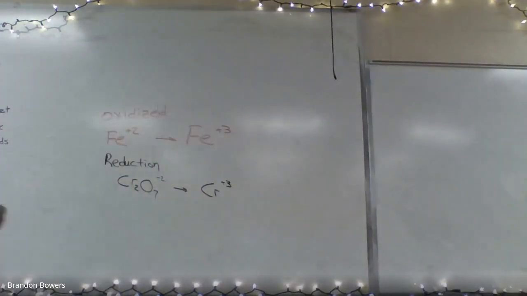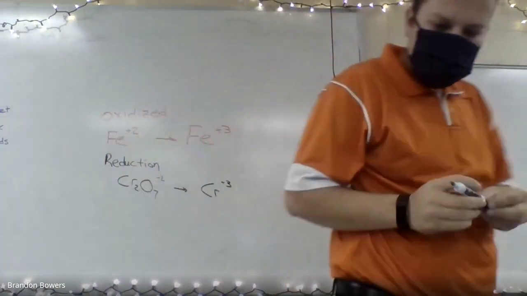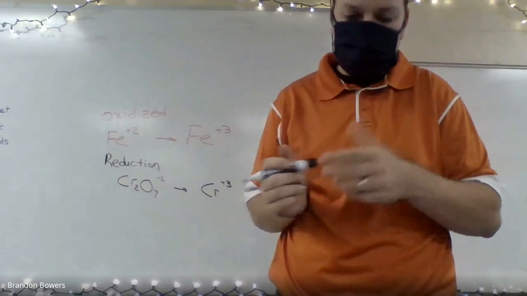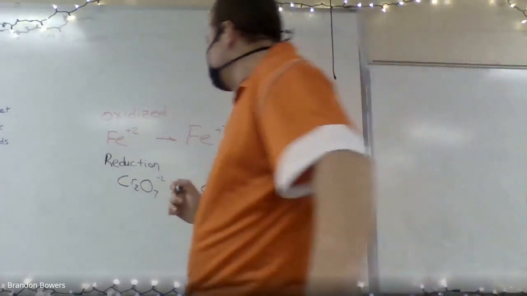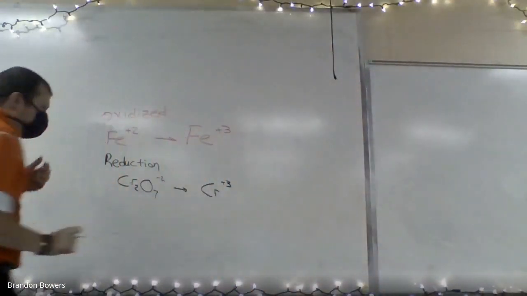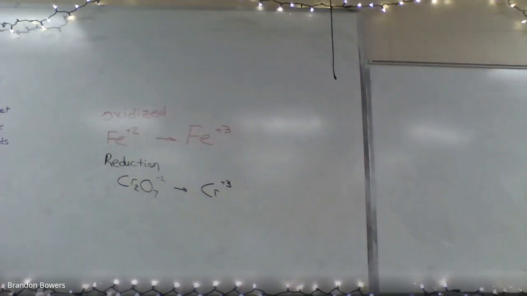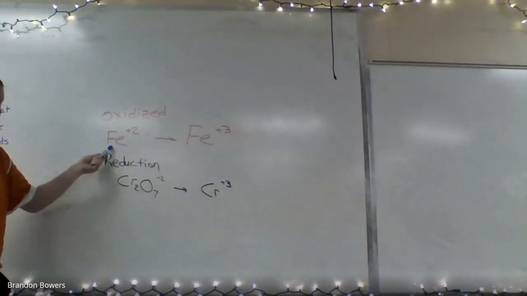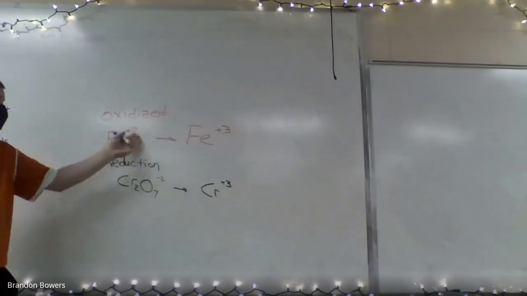Now, let's see. We did step 1. Step 2 says balance all the elements, except for hydrogen and oxygen. Well, let's do that. How many irons do I have? I have 1 of them with a 2 charge.